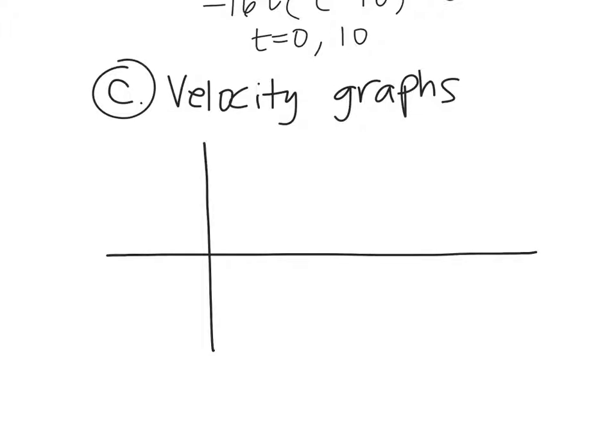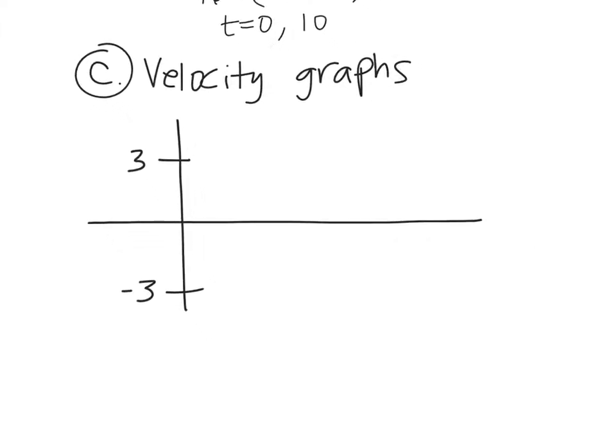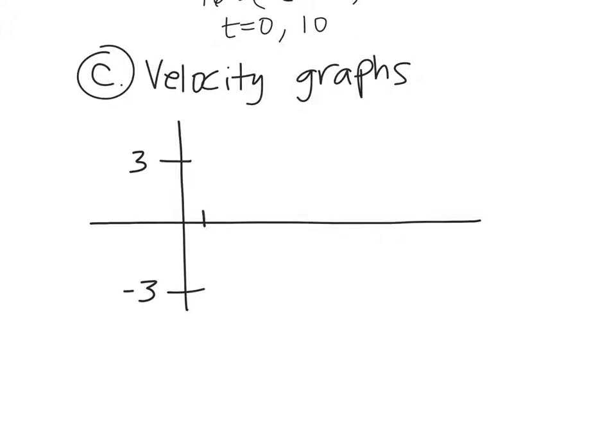So let's say that this is 3 and this is negative 3. And then I have 1, 2, 3, 4, 5, 6, 7, 8, and then 9. All right, we can label all of them. Just label a couple of them, doesn't matter. And then here's what our graph's going to look like.